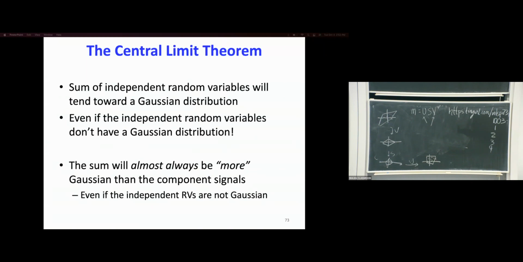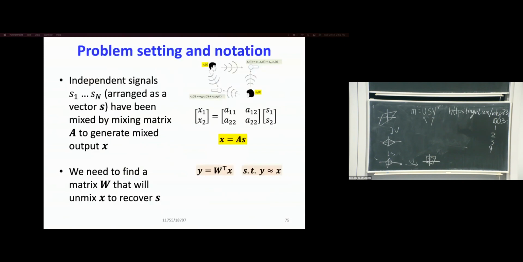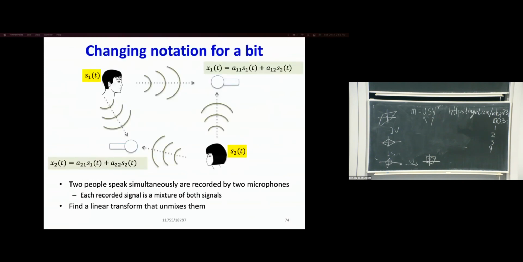Even if you have five non-Gaussian variables and add them up, they will resemble a Gaussian distribution. So there's a notion of one variable being more Gaussian than another, because one is a sum of two non-Gaussian variables and one is just a non-Gaussian variable. So you can make it a strength sort of thing: how much Gaussian is this variable?